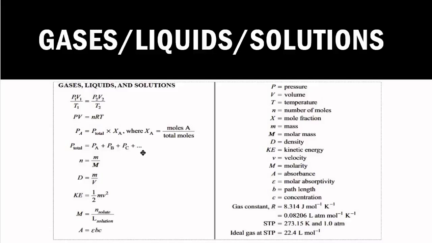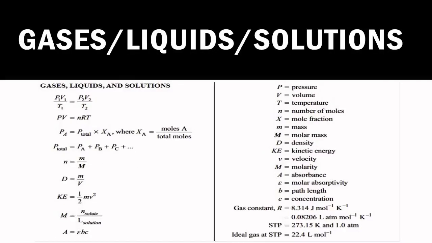Okay. So I may have cut out the previous part, but if I didn't, I misexplained this equation here. PA is equal to P total times XA. I thought the A meant absorbance because it says A is equal to absorbance over here, and it has a little tilted A, but it's not.